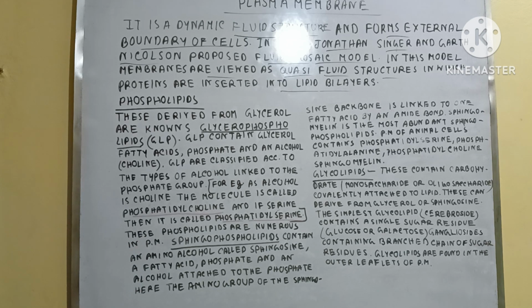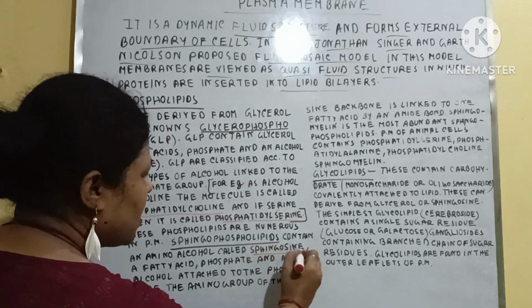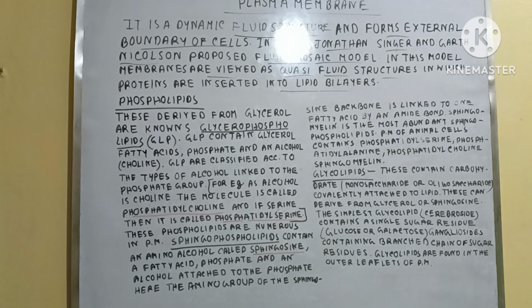Next one is the sphingophospholipids. These contain an amino alcohol called sphingosine, fatty acid, phosphate and an alcohol attached to the phosphate. Here the amino group is also present. Why is the amino group present?